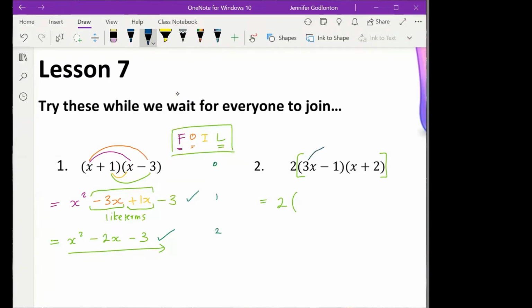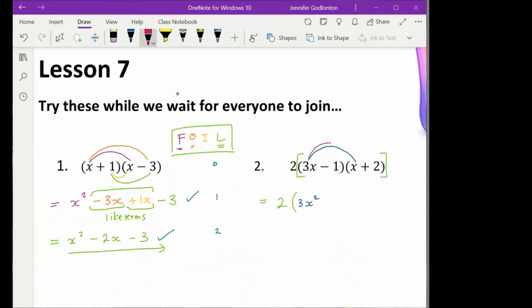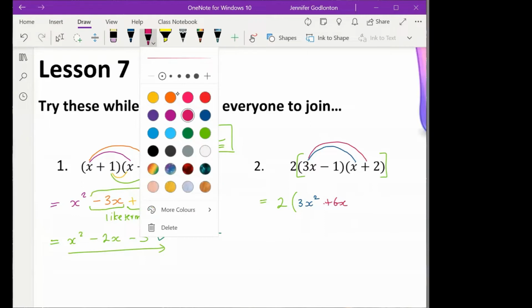We take our first term and we multiply it by our first term. So 3x times x gives us 3x squared. That's our first thing. Then we take our first term and we multiply it by the next one. 3x times 2 is going to give us 6x. Then we look at our next one.